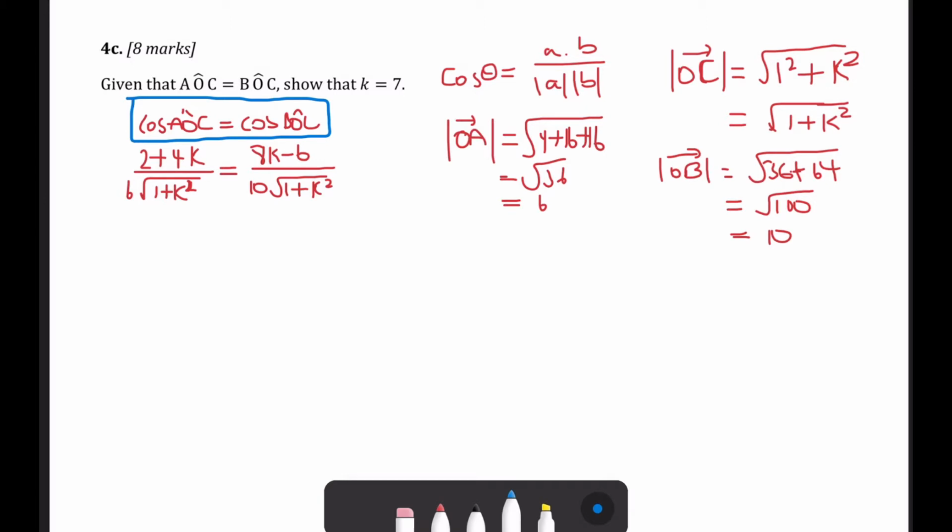So because the angles are the same, then that means that the cos of both is going to be the same as well. And then we remember our formula for cos theta, which is in the formula booklet.